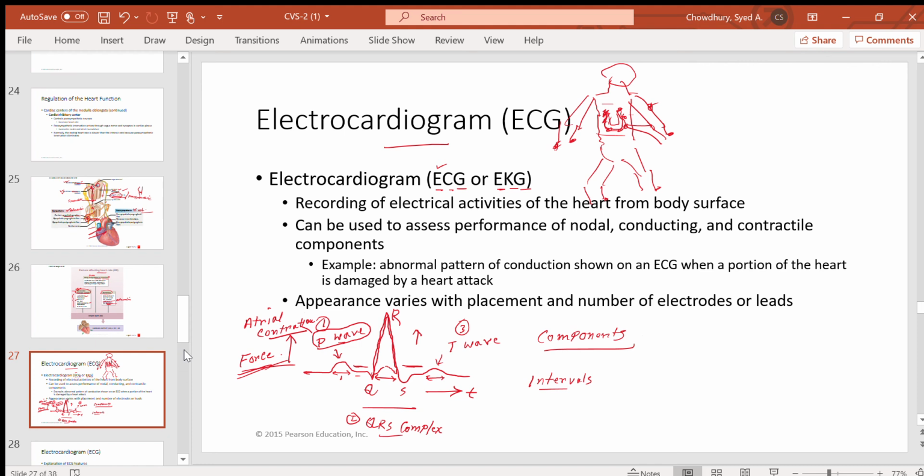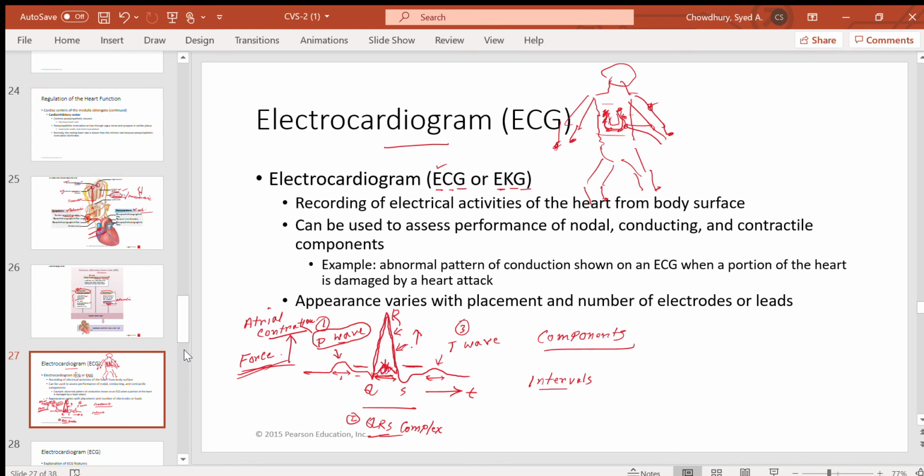And ventricular contraction is much stronger than the atrial contraction, you know that, because the ventricle sends the blood to the body, right. So almost the whole QRS is given by the ventricular contraction. So atrial relaxation is very weak and buried because both happen at the same time. So you won't see this one, right?